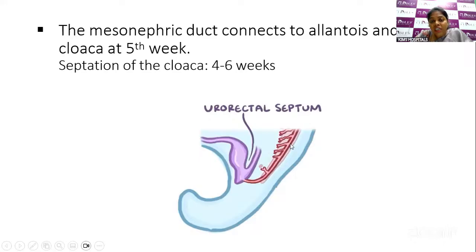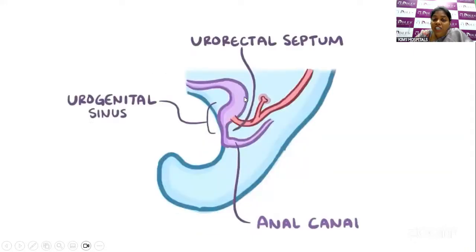So here we see the mesonephric duct, which drains into the genitourinary cloaca. So here the urorectal septum forms, deepens, and forms the urogenital sinus.